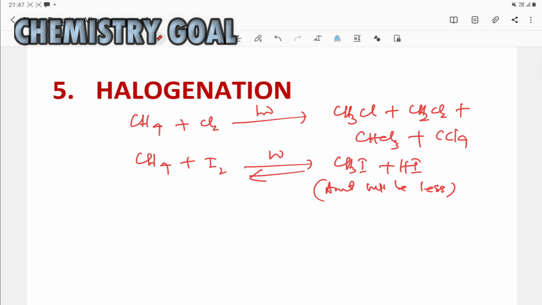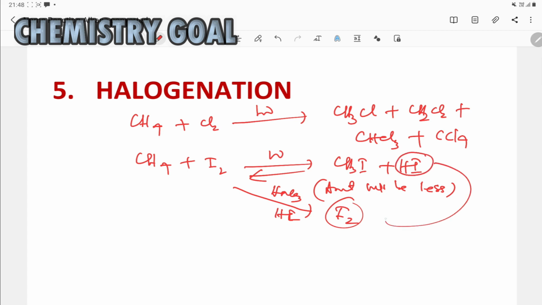So to get more iodoalkane, the reaction can be done in the presence of nitric acid. If it is done with nitric acid, then the HI reacts with it forming iodine. So if HI is formed, this HI will be converted to iodine by adding nitric acid, and the reaction will again go in the forward direction.